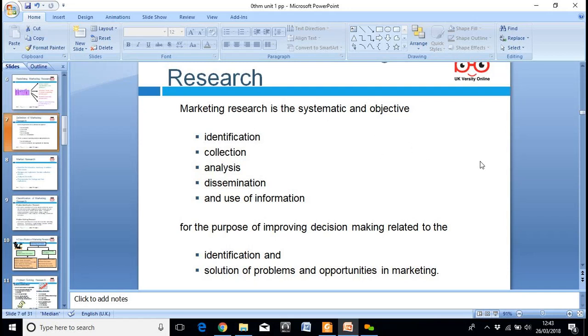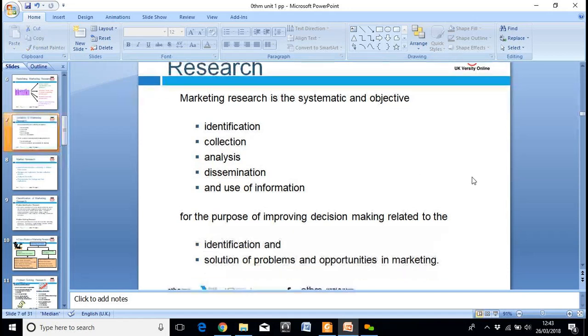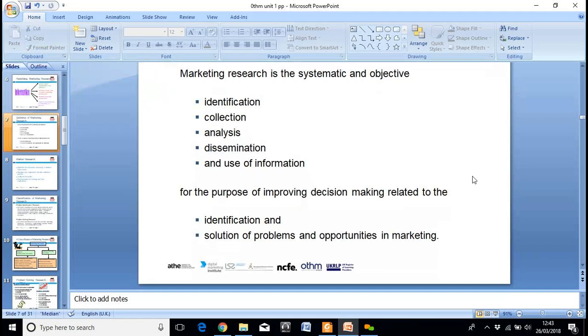You then collect lots and lots of information and data on the subject from previous researchers, magazines, websites. You then analyze that information and disseminate it and use the information to improve decision making on anything that's related to the identification and solution of problems and opportunities in marketing.